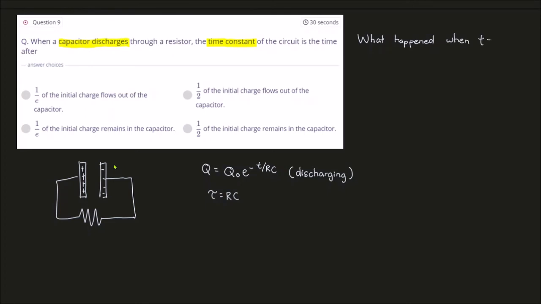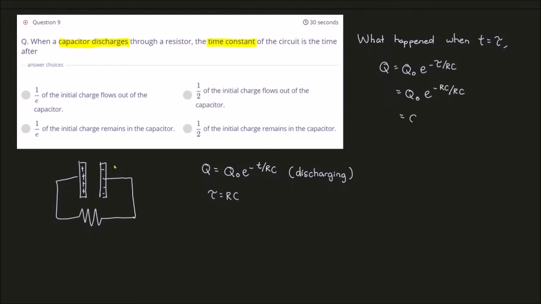When time has hit the time constant, Q will be equal to Q naught e to the negative tau over RC. We know tau is equal to RC, so we can change the equation to negative RC over RC.